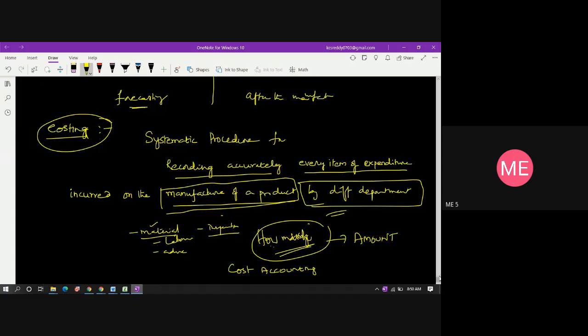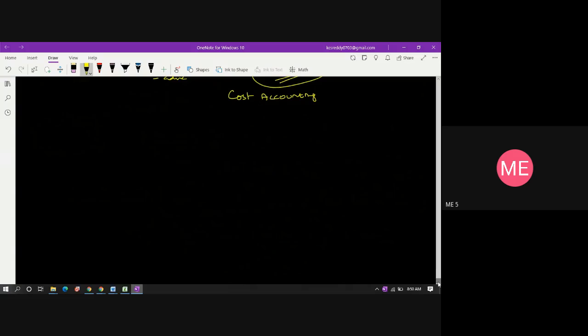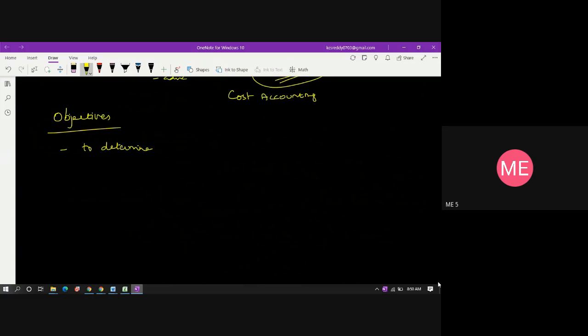So what are the objectives of costing? Why do we go for costing? Here it is to determine the actual cost.